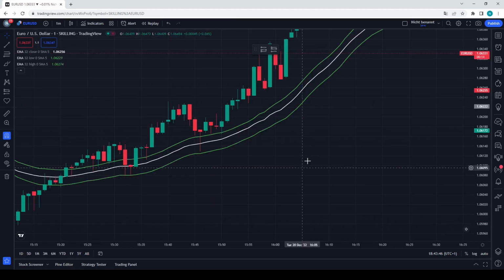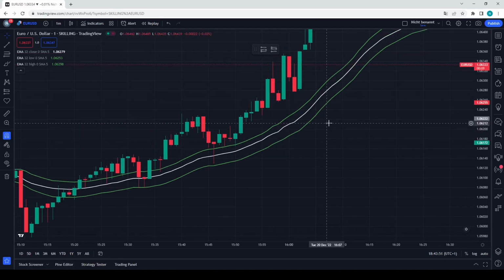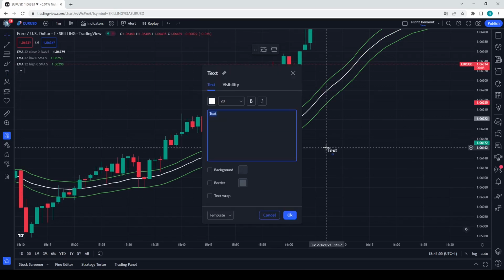The rules for a long trade are more or less the same, but in the opposite direction. So for a long trade, we are looking first, the market has to be above the EMA. Then second, the market comes back to the EMA.